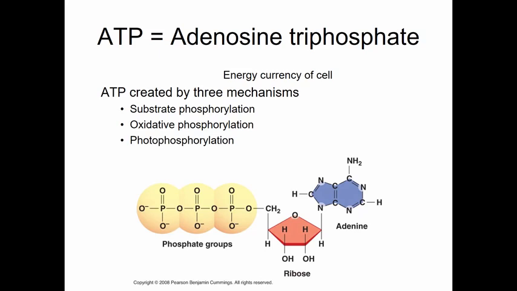So this bond here has energy in it. This bond here has energy in it. So when we say energy is in the form of ATP, the energy is actually stored within the bonds holding the phosphate groups together with one another.